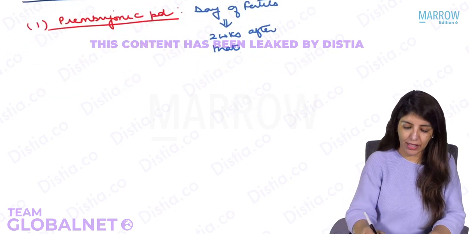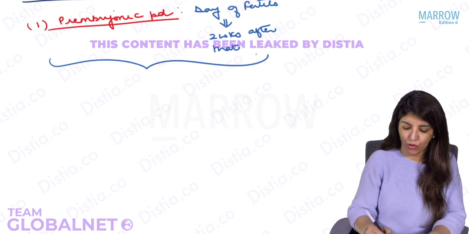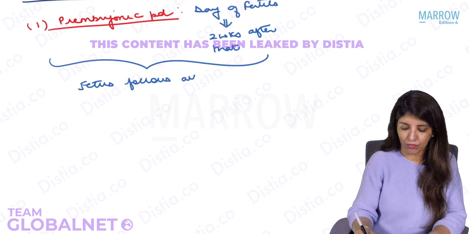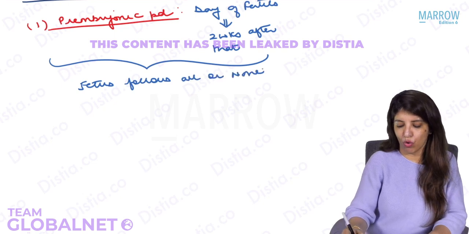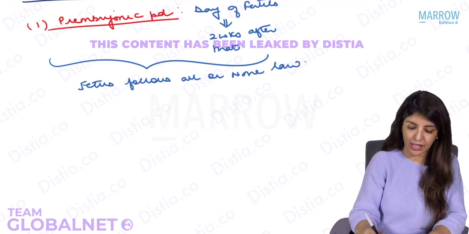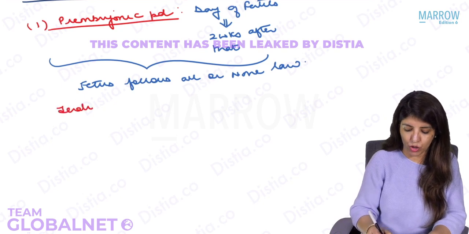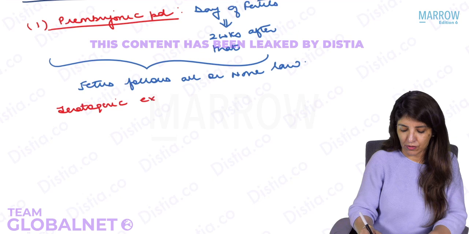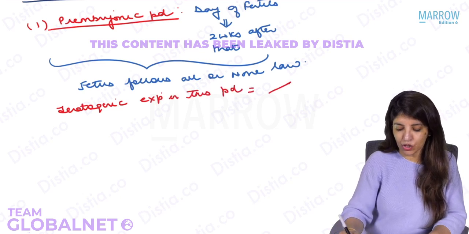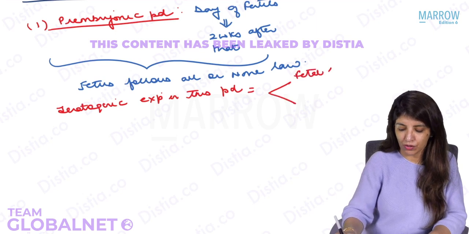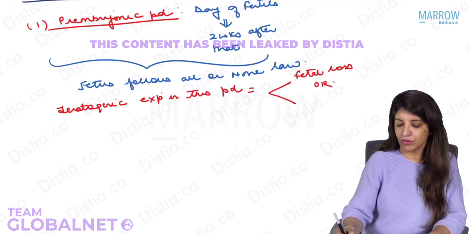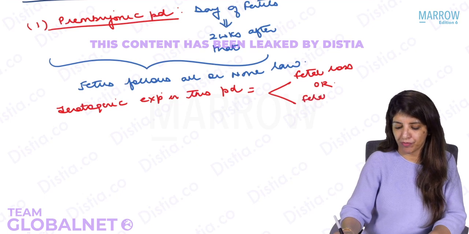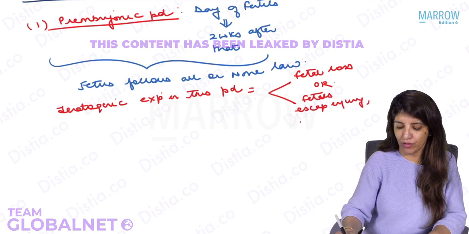Please remember that in the pre-embryonic period, the fetus follows the all or none law. This means that if there is a teratogenic exposure in this period, either it is going to lead to fetal loss or the fetus will escape injury and there will be no effect.